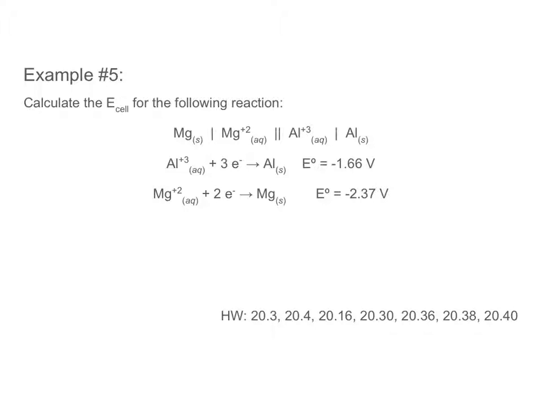So we're going to do example number 5. A couple of things we need to keep track of here. We're given our reaction for the system as magnesium and aluminum.